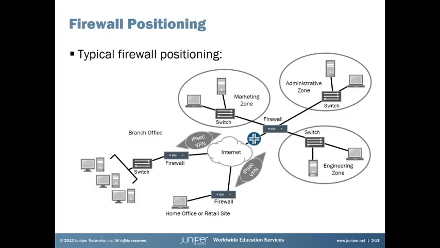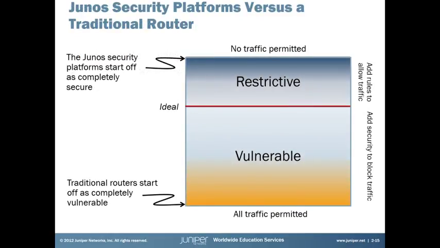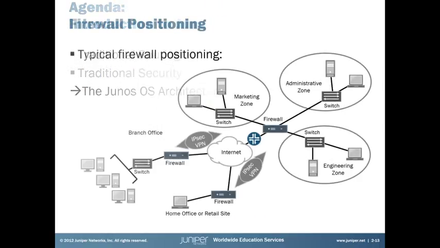This is where we've got the firewall concept as a separate device. For many, many years, this is exactly how it was done. However, what we're doing with our SRX is really doing it a little differently. Let's just go back to that slide here. What we're doing with our SRX is we're kind of combining this router and the firewall into one device.